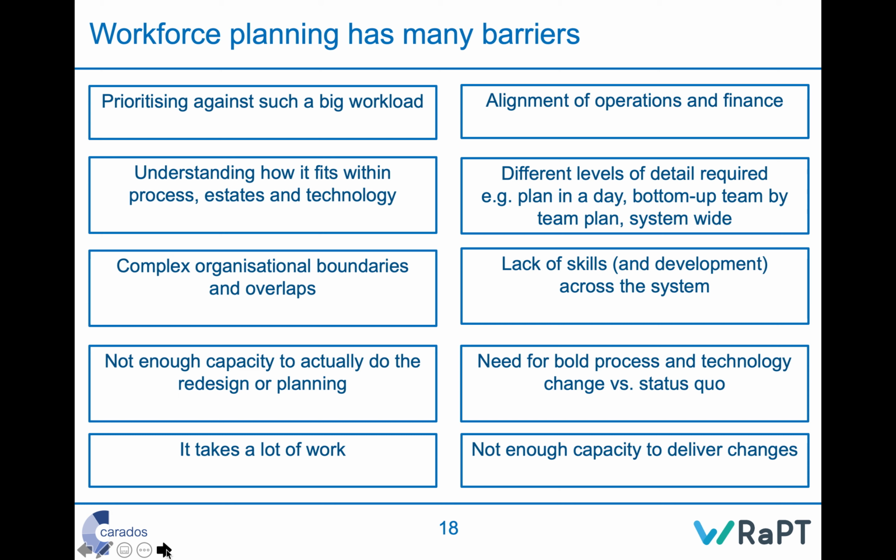Where we need to transform an area because it's vital to our workforce agenda, there may not be a new care model in place, so we may have to do it ourselves. So there's a massive workload, and we need to fit that with all the other stuff, new processes, new estates, and new technology. But there are massive, complex organisational boundaries that are making that transformation difficult.